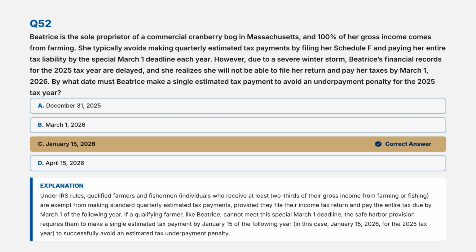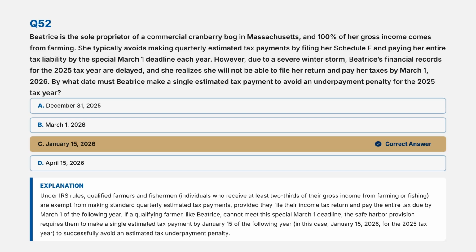Under IRS rules, qualified farmers and fishermen, individuals who receive at least two-thirds of their gross income from farming or fishing, are exempt from making standard quarterly estimated tax payments, provided they file their income tax return and pay the entire tax due by March 1st of the following year.